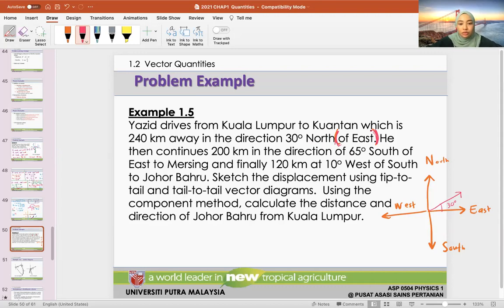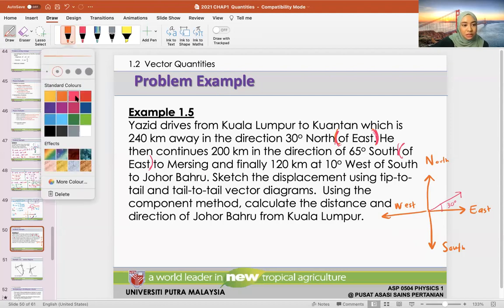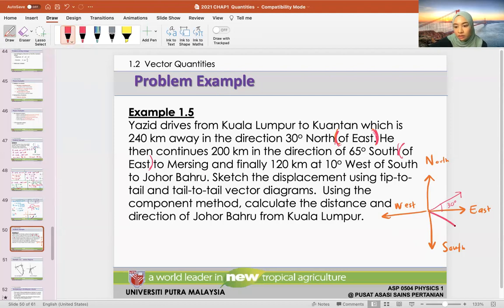He then continues 200 kilometers in the direction of 65 degrees south of east. It refers to east, but going down toward the south, 65 degrees. So it's over here.